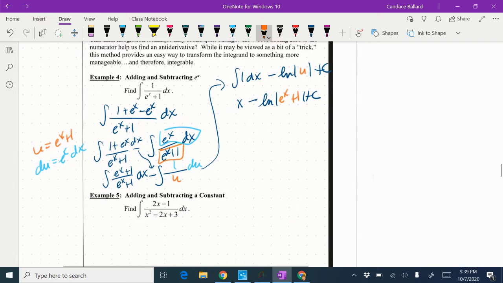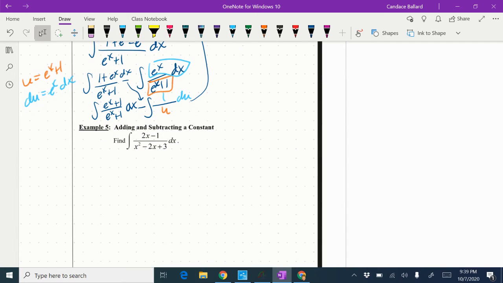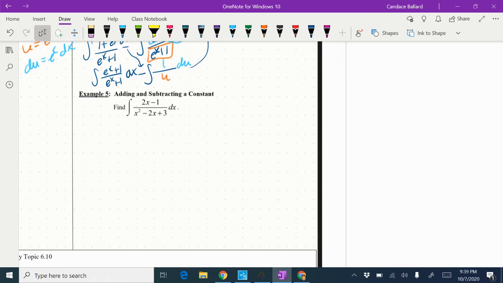All right, let's try one more using this similar technique. So this time we're going to add and subtract a constant that's hopefully going to help us out here. Really what I'm looking for here is anytime I could get a piece of trig, or I can get an arctangent, or I can get a natural log.